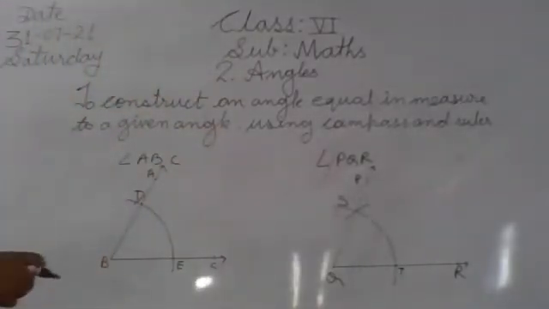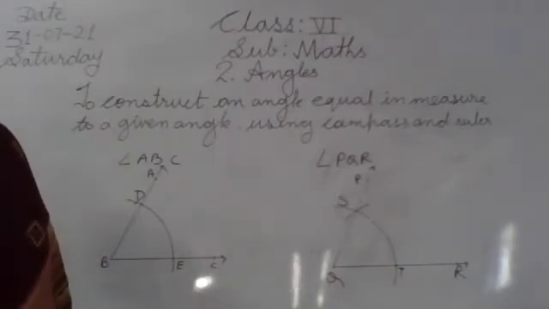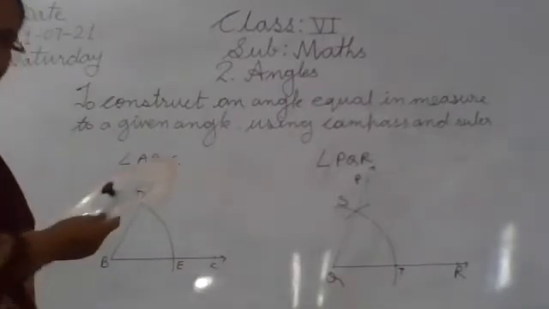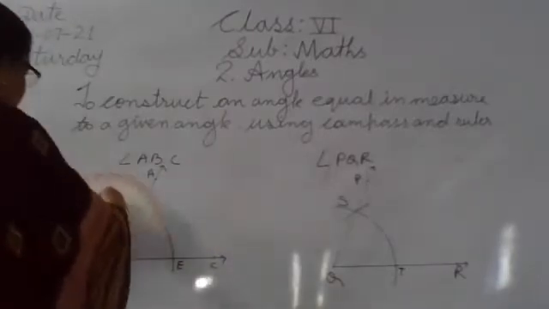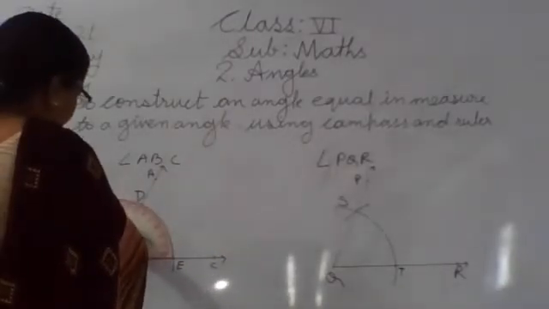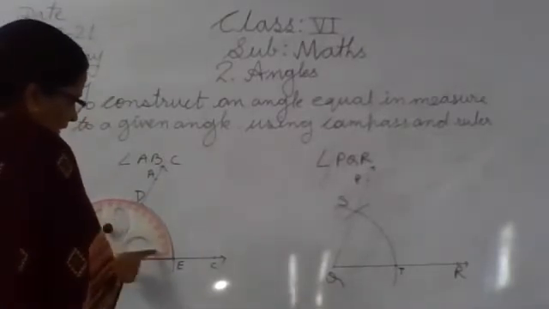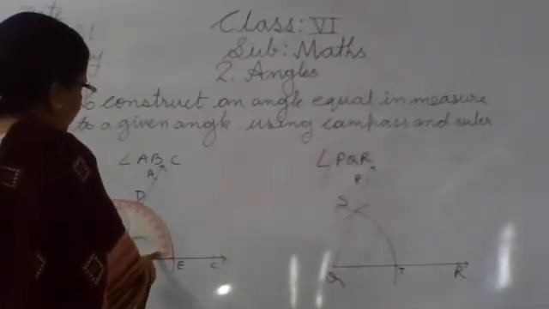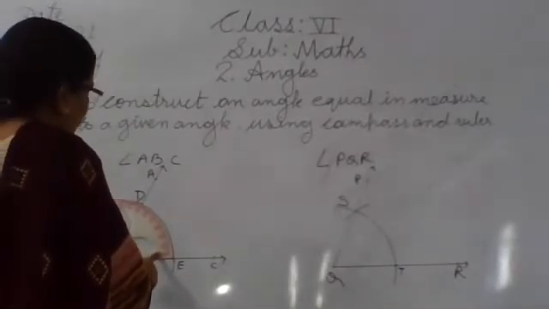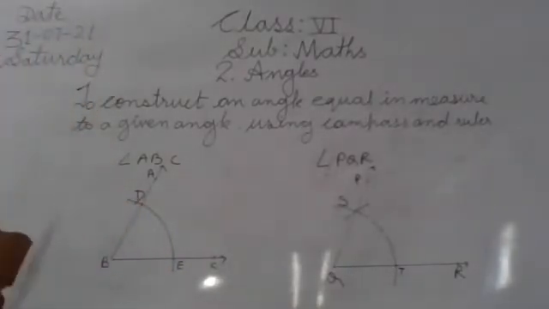Now we will measure the angles to check whether both are the same or not. So with the help of protractor, we will measure. So place the pointer on B and match the baseline and the ray BC like this. Okay. So this angle is of 60 degree.